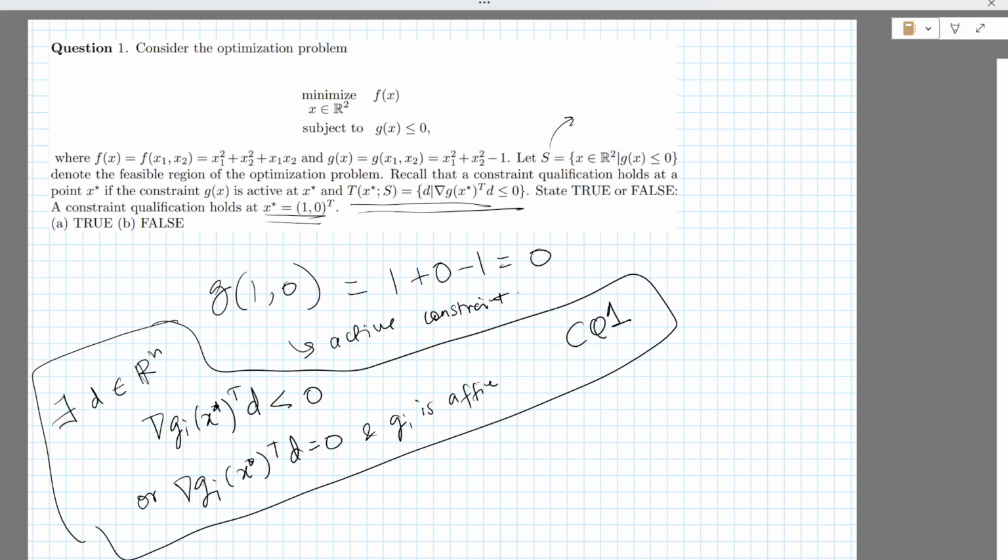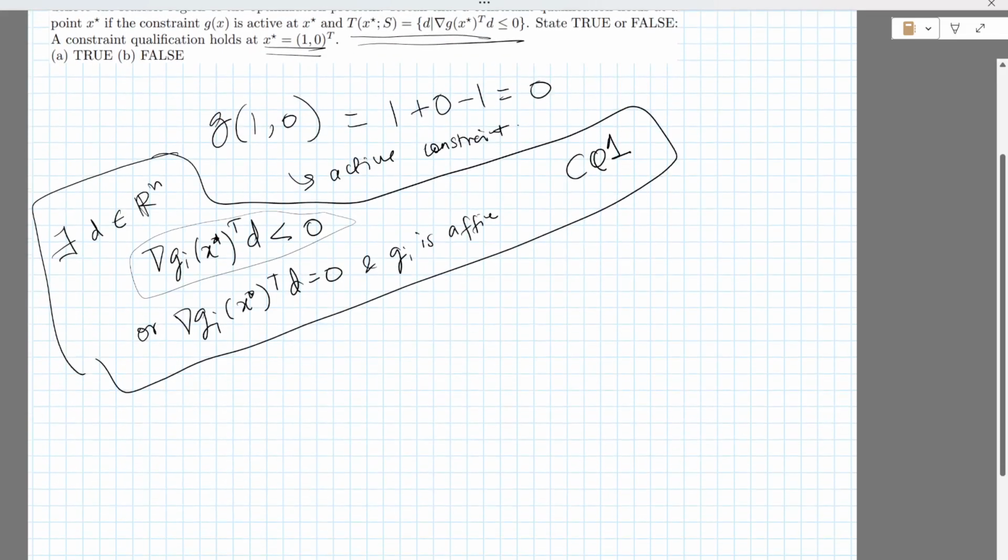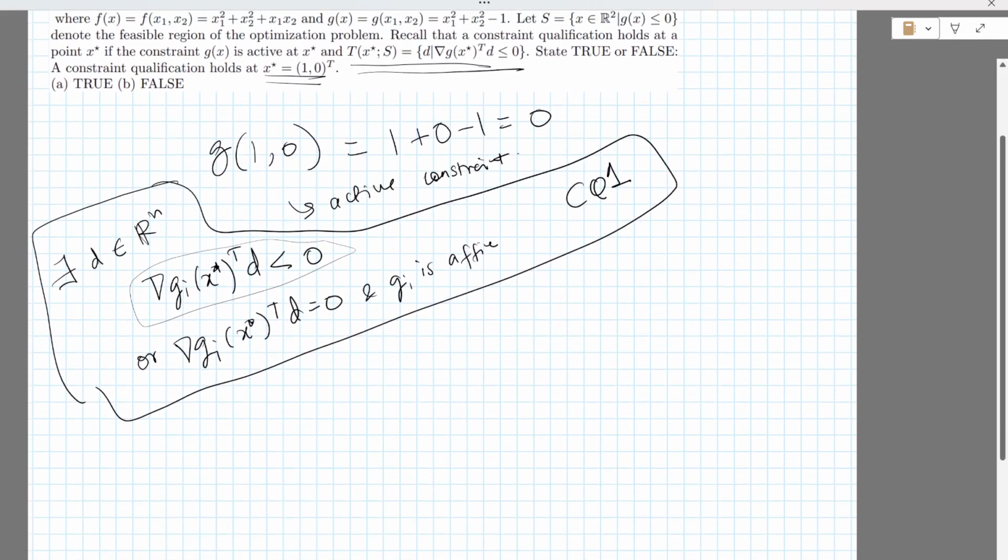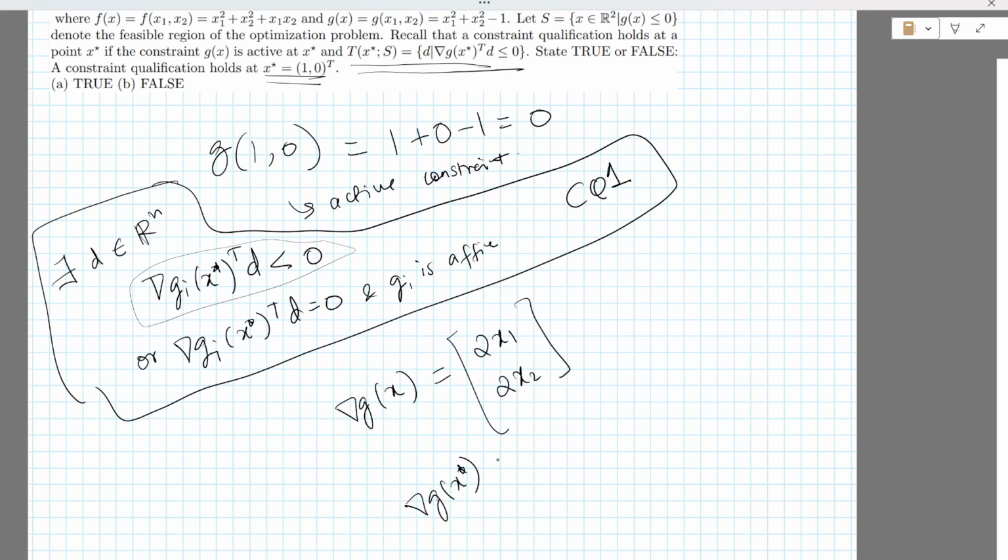So we can show this by looking at the gradient. The gradient is of the form 2x1, 2x2, and at x star it is (2, 0).